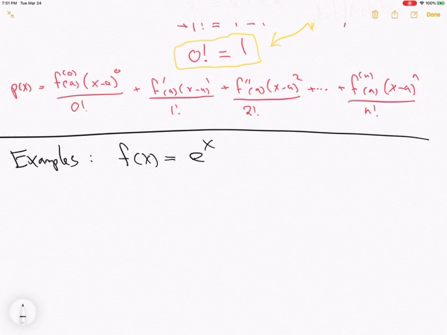So f of x is the function e to the x. We have to give you the function. We have to tell you the degree. Let's go out to, say, degree 4. And let's do it at the point where x equals 0, just to make our life a whole lot easier.